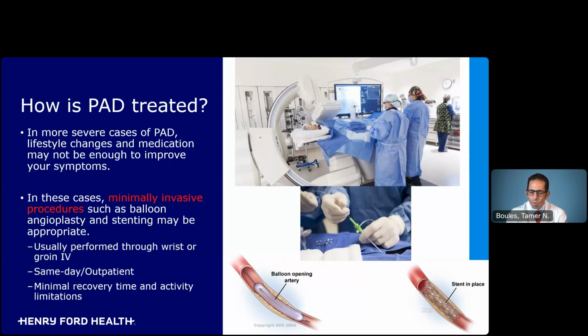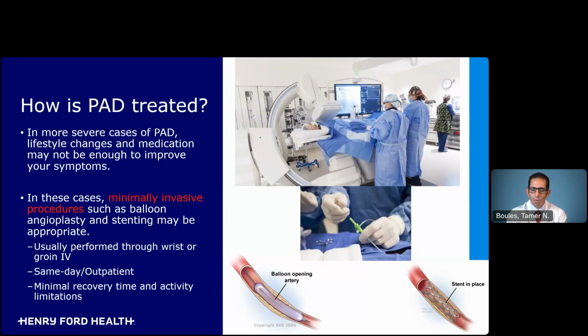It's an access point for us to get our balloons to cross blockages in the arteries under x-ray guidance and place a stent in some cases to open up the artery and keep it open as a scaffolding to increase the blood flow into the leg and help improve those symptoms or heal those sores or reduce the risks of losing a limb.